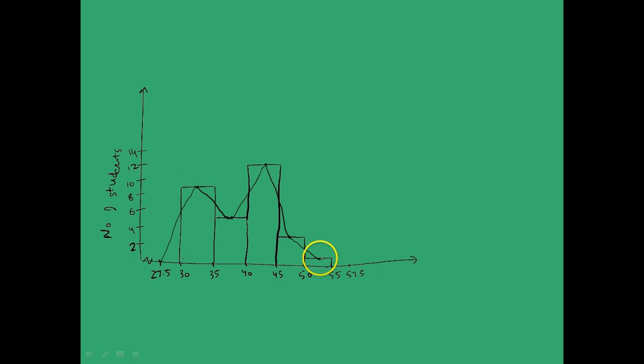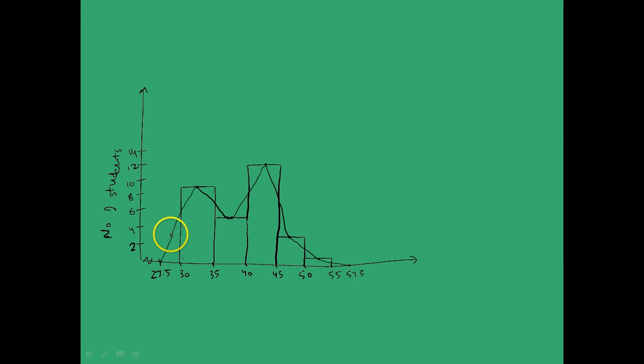Similarly, join the other end to the midpoint of a fictitious succeeding group. So you do this. The advantage of doing this is that the area of the frequency polygon turns out to be equal to the area of the histogram for the same data. That might be useful in some cases.